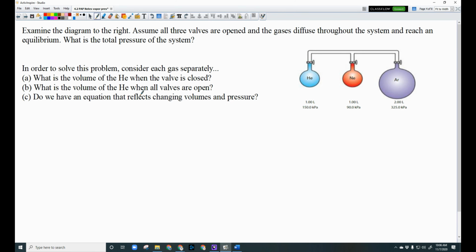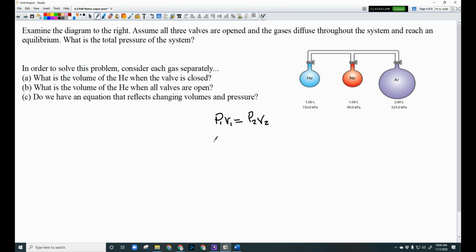To do this, we have to reflect the change in the volume and the pressure. So what is the formula for volume and pressure? Well, that's going to be P1V1 equals P2V2, because we have a pressure and a volume in an initial state when this valve is closed, and then when the valves are open, we have a different pressure that we're looking for and a different volume. So let's look at just helium.